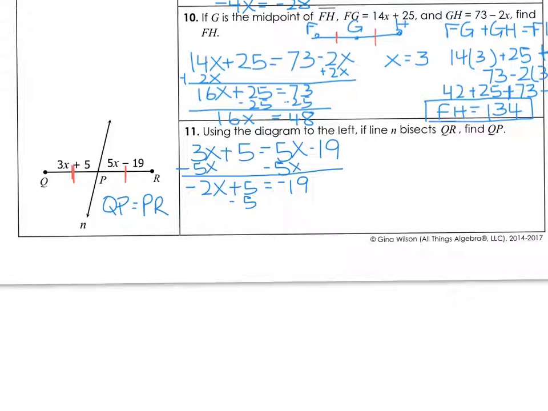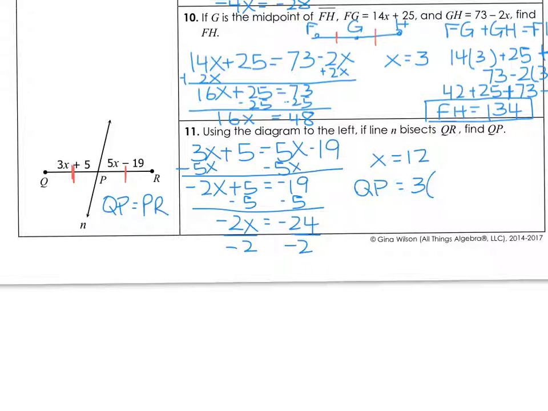Subtract 5. And divide by -2. So x equals 12. Wants to find QP, and QP is 3 times x plus 5. So 36 plus 5, which equals 41. And this ends part 2.